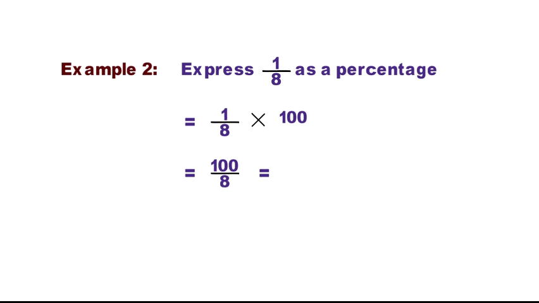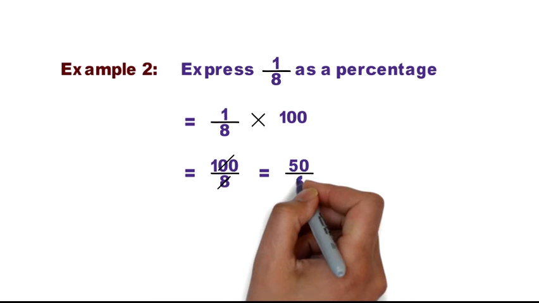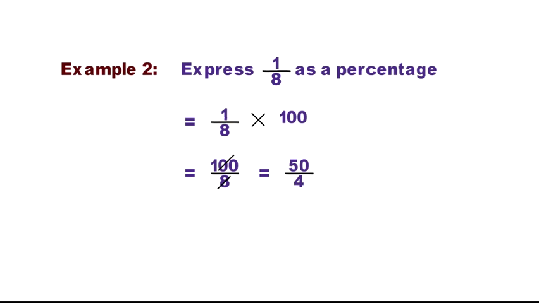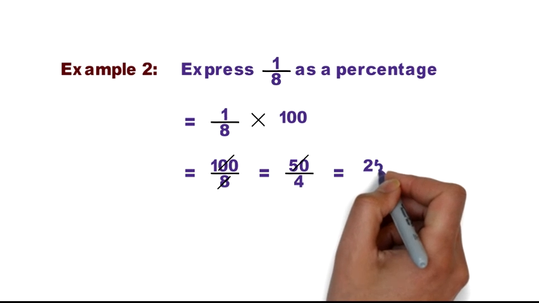Next, we will look for a number that can divide the numerator and the denominator. 2 can divide 100 and 8. So, 2 divides 100 gives us 50. And 2 divides 8 gives us 4. 2 can still divide. So, 2 divides 50 gives us 25.